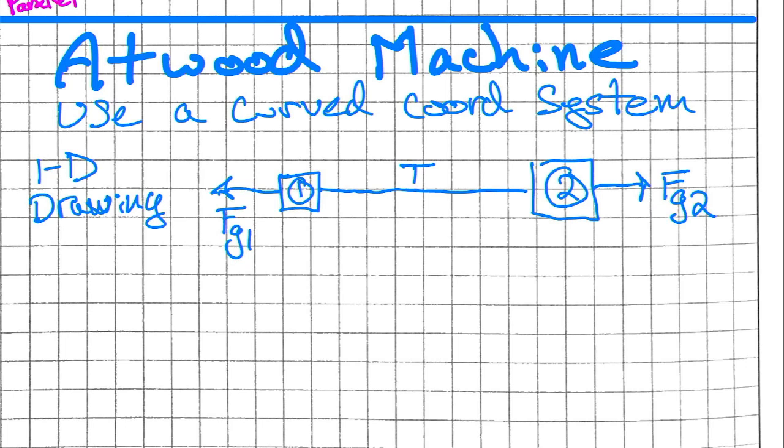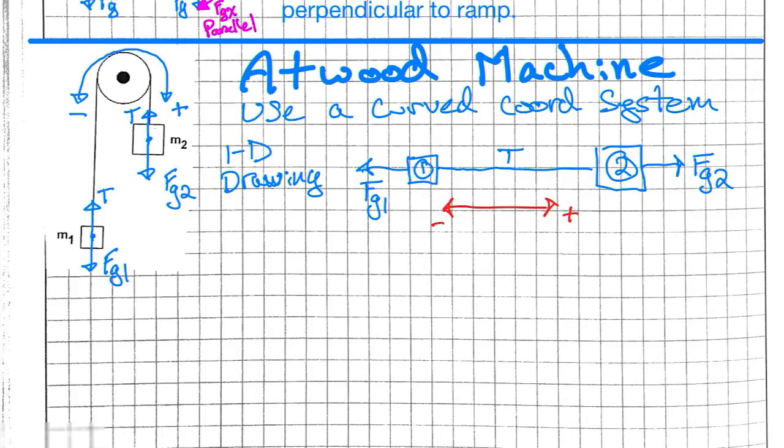Tension would pull to the right on number 1 and to the left on number 2. You can kind of see how this all is like a one-dimensional problem where to the right is positive and to the left is negative. That's essentially what we have done over here on the left with this tilted coordinate system.